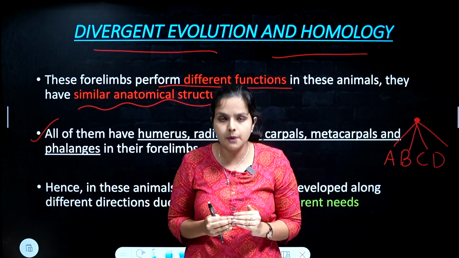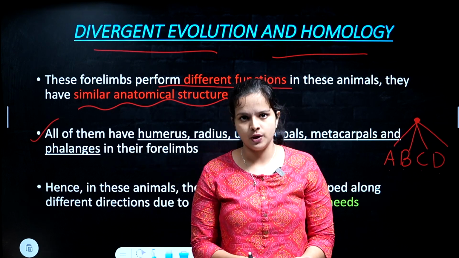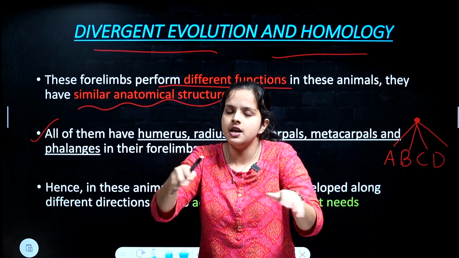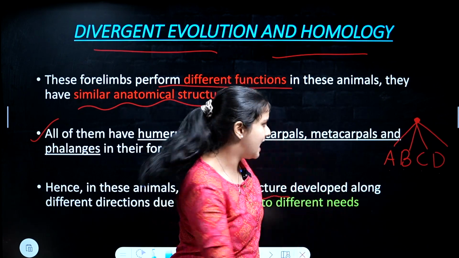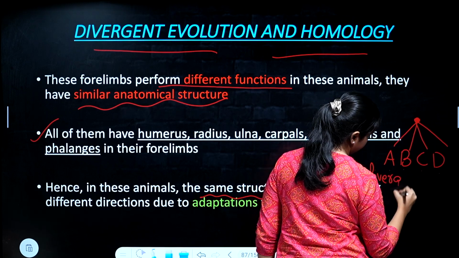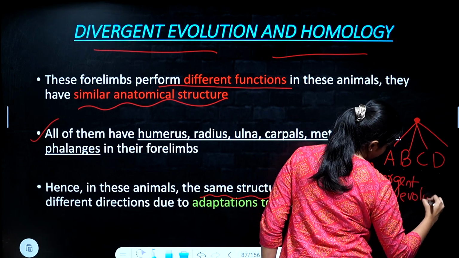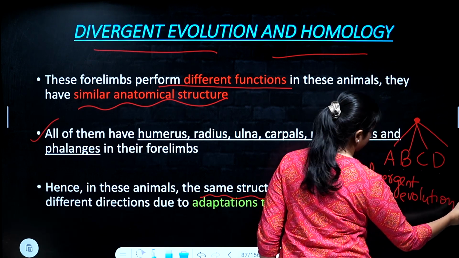From a single point you are diverging into different organisms because you have different needs. So the structure is the same, but the evolution is happening in a divergent fashion. That is, it is diverging into different ways of life or forms of life, and hence we call it divergent evolution. So I hope now you understand what divergent evolution is and what homology is.